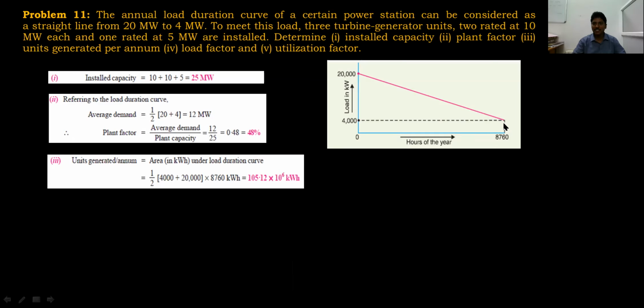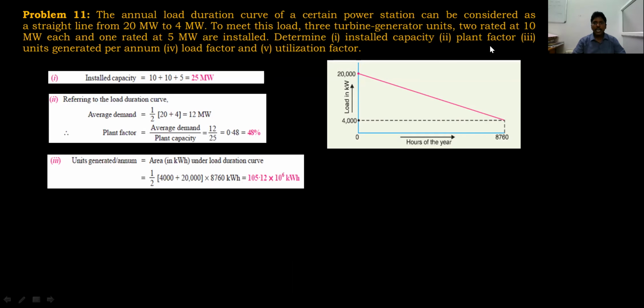The area under the load curve is 1 by 2 into (4,000 plus 20,000) into 8760. We average these two and multiply by 8760, which gives the area under the load duration curve, that is, the number of units generated per year.